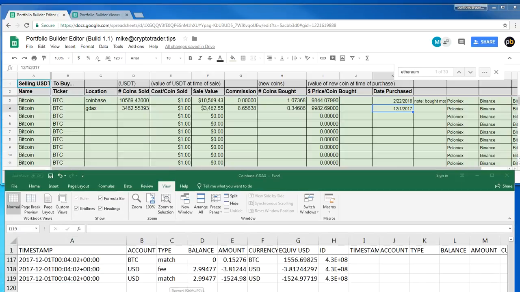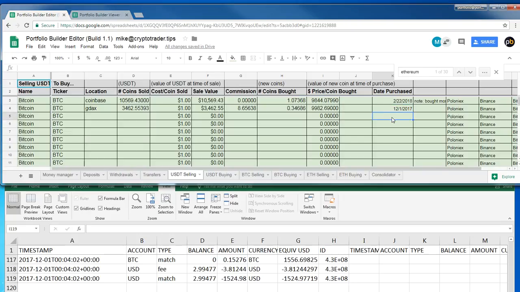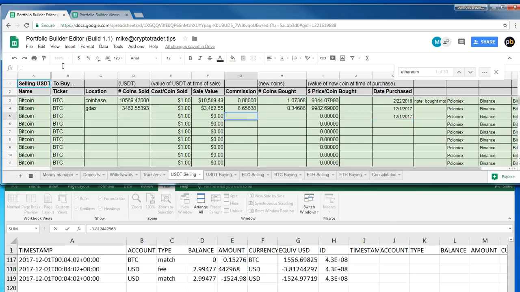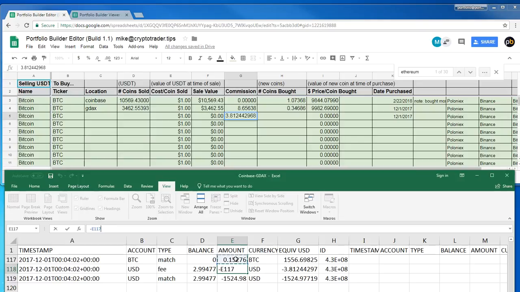next trade. Okay, this was a very similar trade and actually purchased on the same date. If I wanted to, I could combine these into a single trade. So I'll just start with the date. That's the same, 12/1/2017. Go ahead and grab that fee. Grab the amount of Bitcoin purchased.